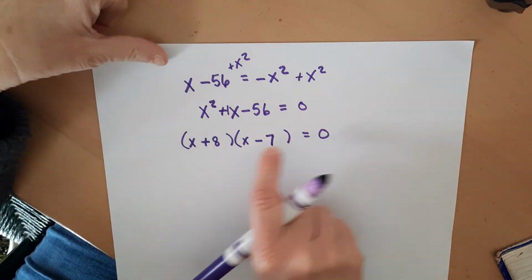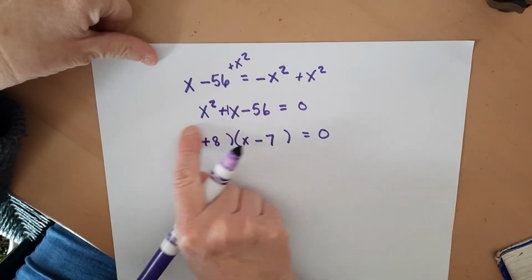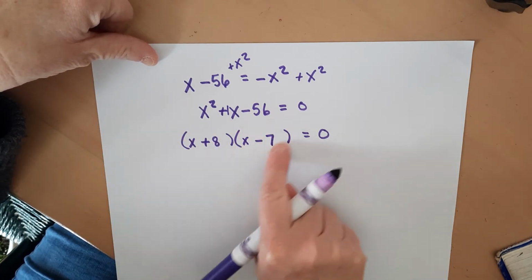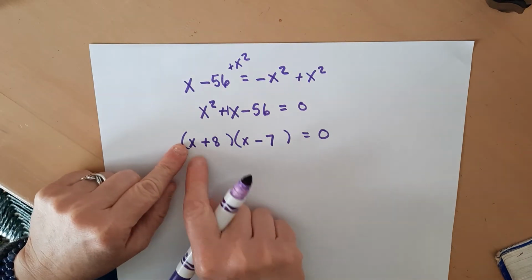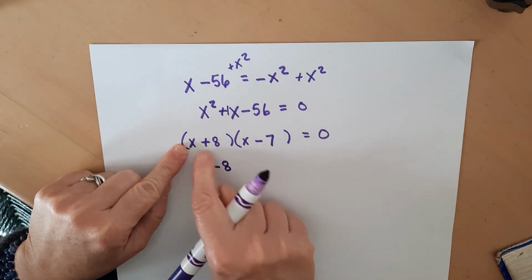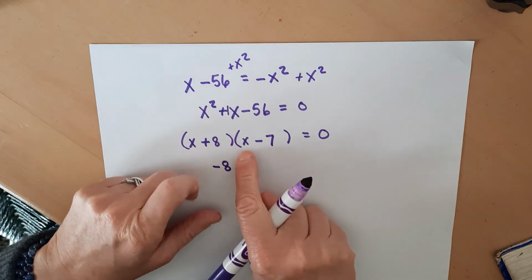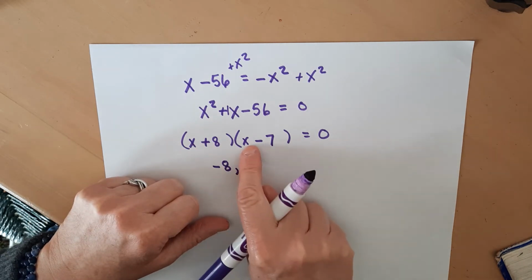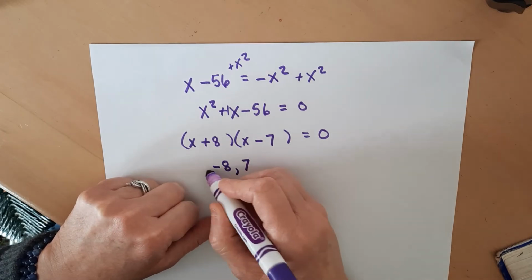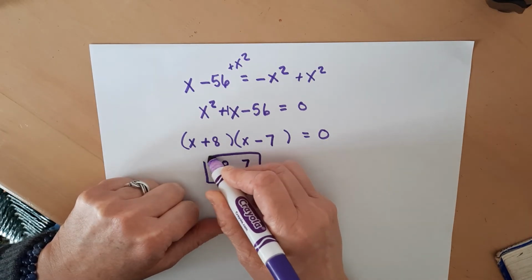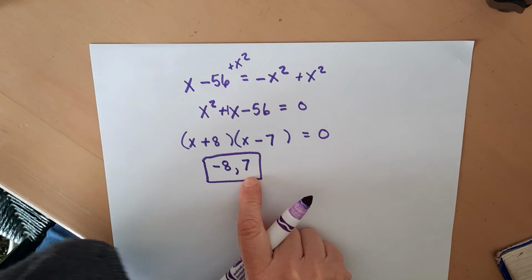So we're going to find what number here makes this part equal 0 and what number here makes this part equal 0. Well, negative 8 plus 8 equals 0, so this x equals negative 8. 7 minus 7 equals 0, so this x is 7. So our answers to this equation are negative 8 and 7.